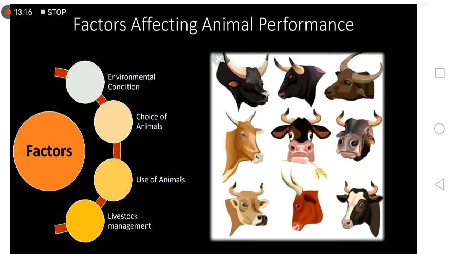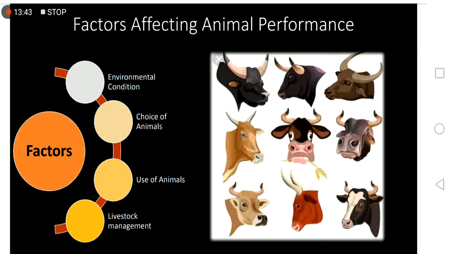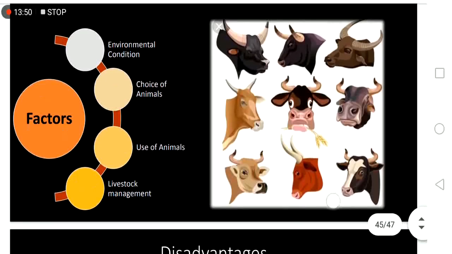Third, the use of animals. If they are overused, then their performance might lower. And the last factor is the management of the livestock. The performance of the animal might increase or decrease depending on their management.